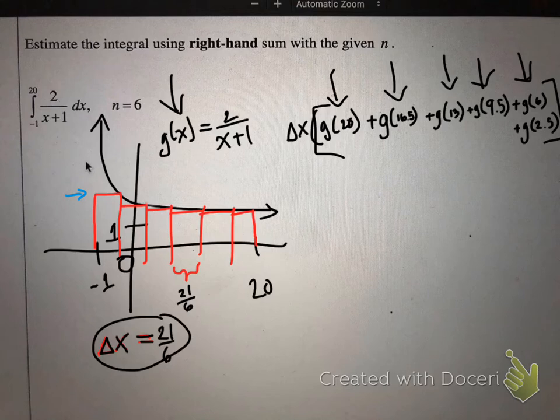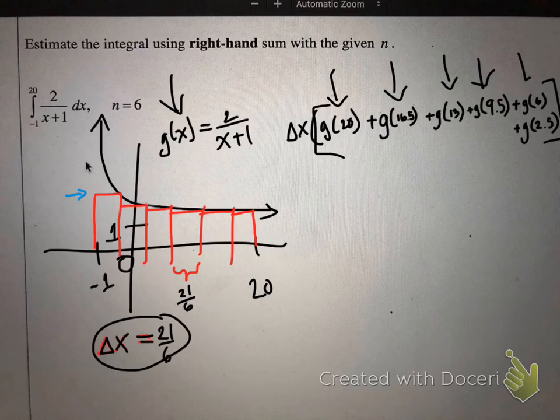Okay. These are the corresponding x values. So 2.5 would be this first one, and then this would be 6, then this would be 9.5, then this will be 13, this will be 16.5, and this will be 20. Keep in mind that my graph is not to scale.